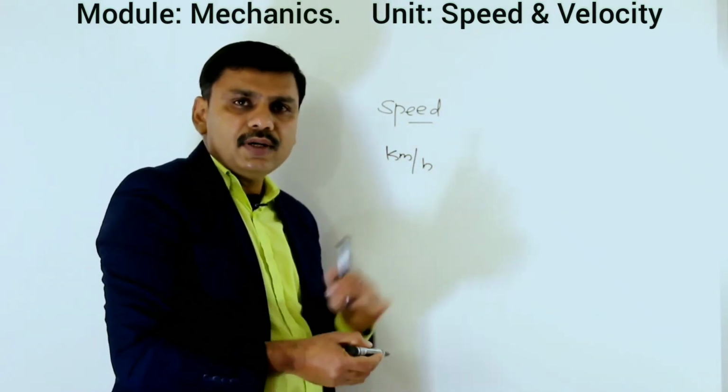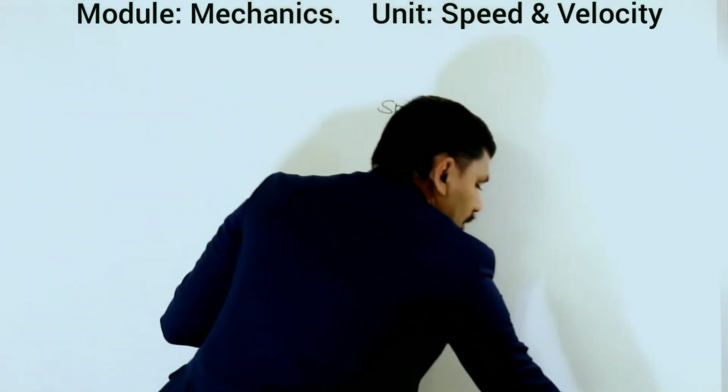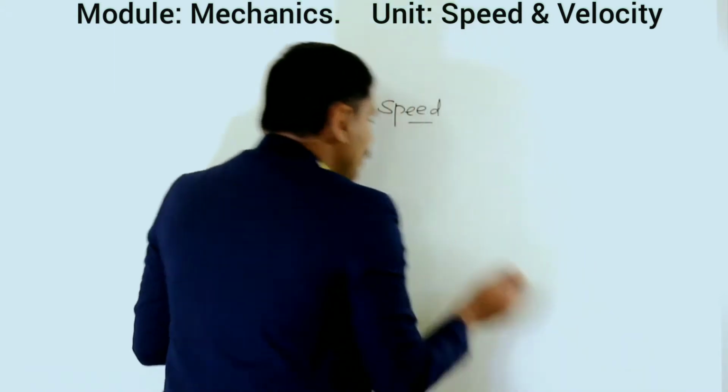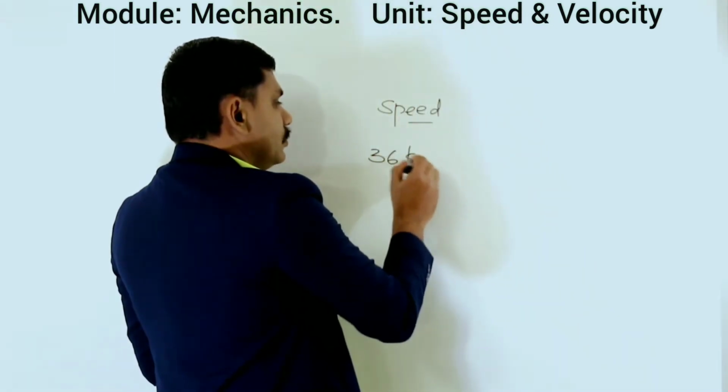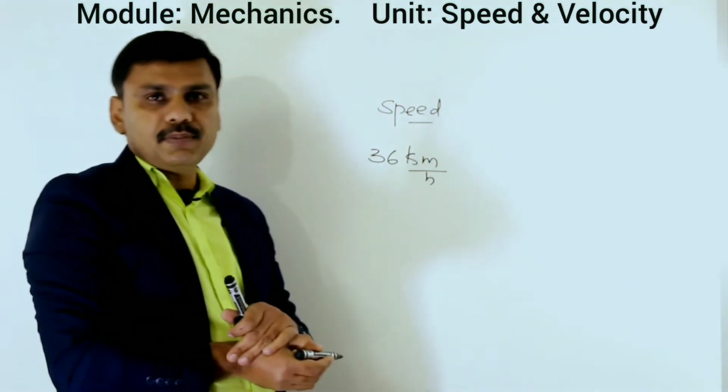How will you convert kilometer per hour to meter per second? For example, 36 kilometer per hour, convert into meter per second.